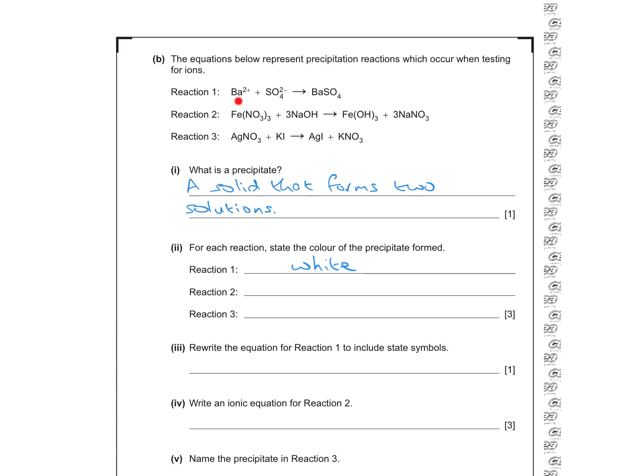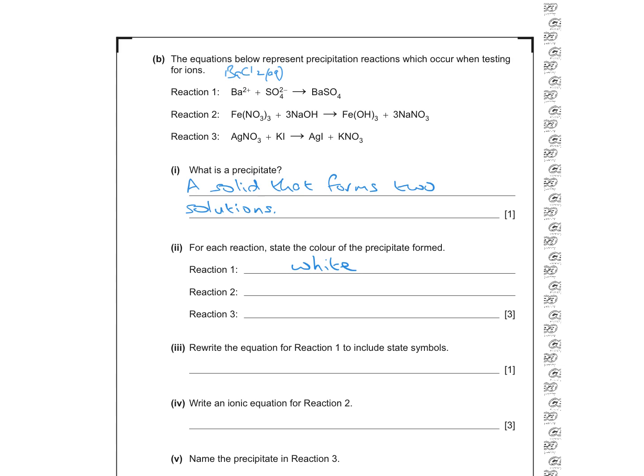So when you add a barium chloride solution, that's where these barium ions are coming from. So anytime you add this solution to a solution containing sulfate ions, you'll get a white precipitate, which indicates that the sulfate ions are present.